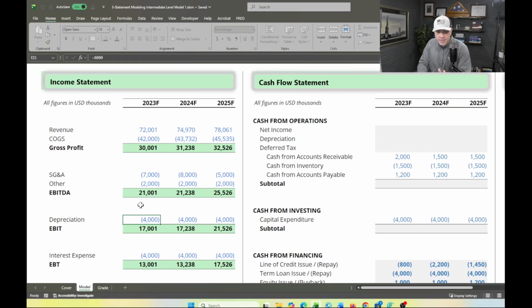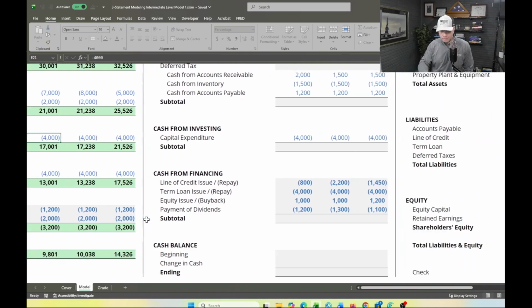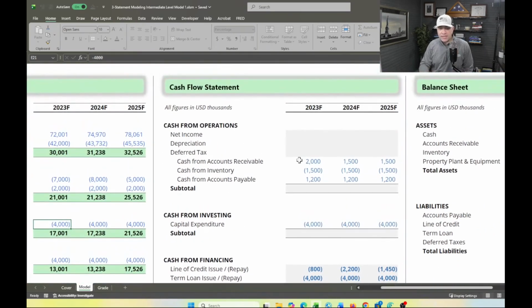So it's important to see those things. And then the third one is deferred taxes. I subtracted it from the income statement, but I deferred it for a later period. Therefore, we have that money on the cash flow statement. So when we're solving the cash flow statement, you want to think about why we're adding it and why we're subtracting it.